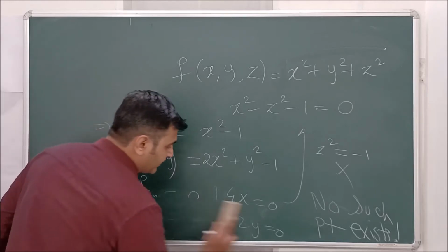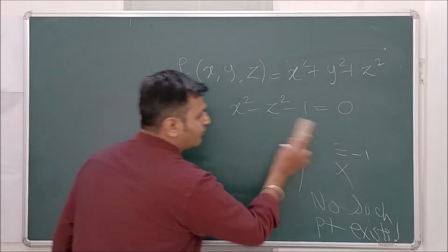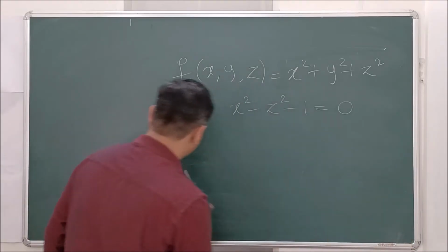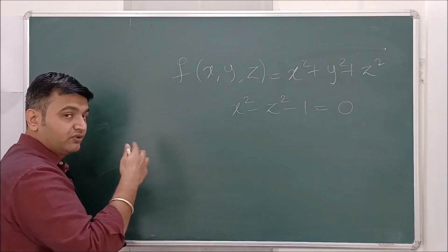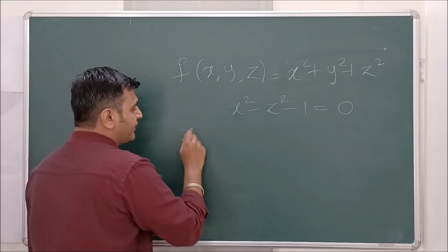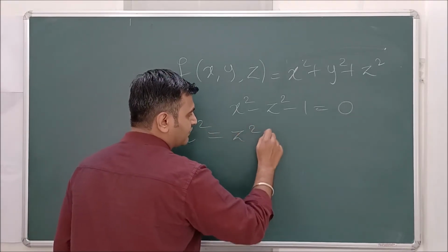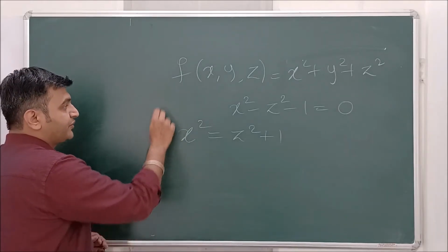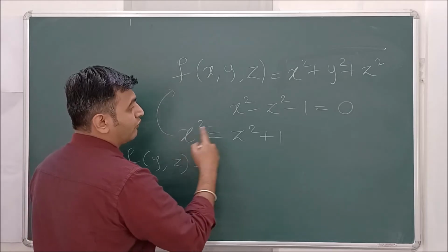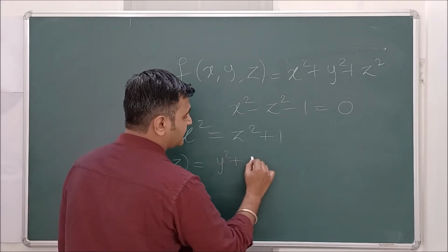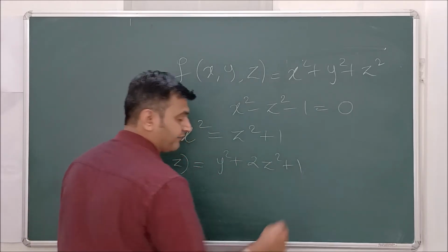Now if you go the other way, with another substitution, you can do x square equal to z square plus 1. Substituting this, I will have a function in y and z, which is y square plus 2z square plus 1.